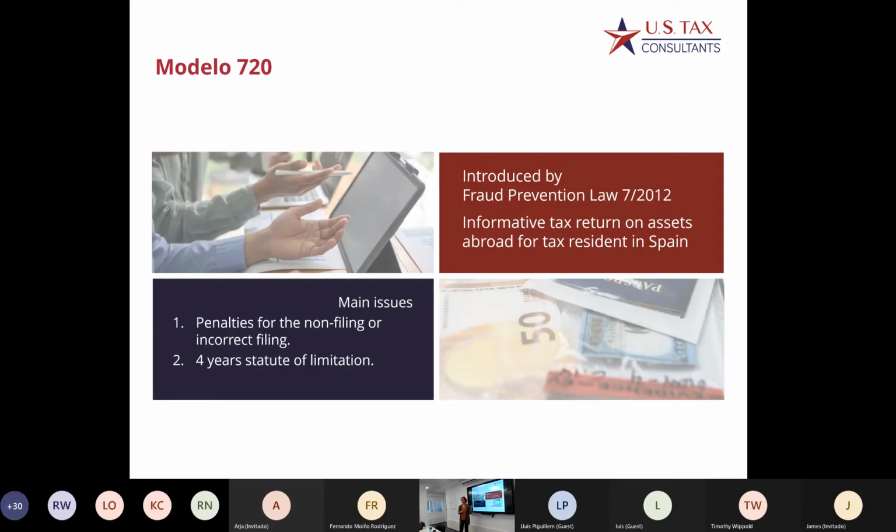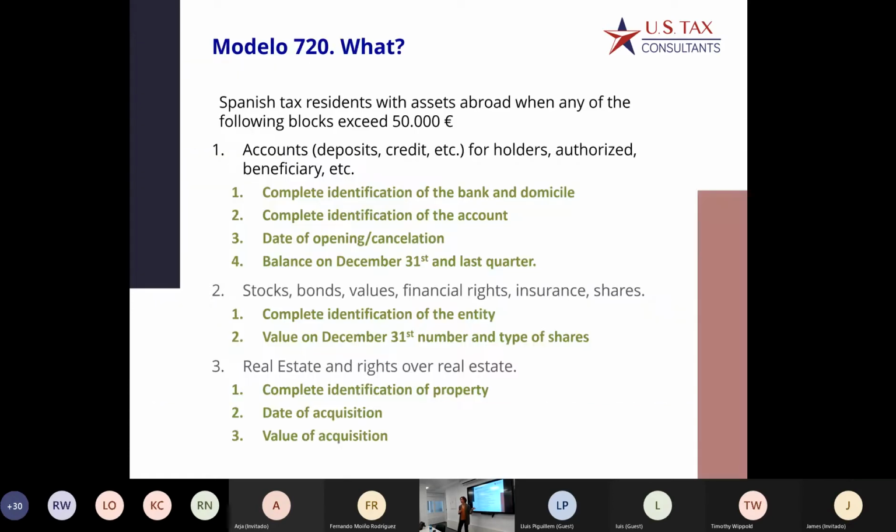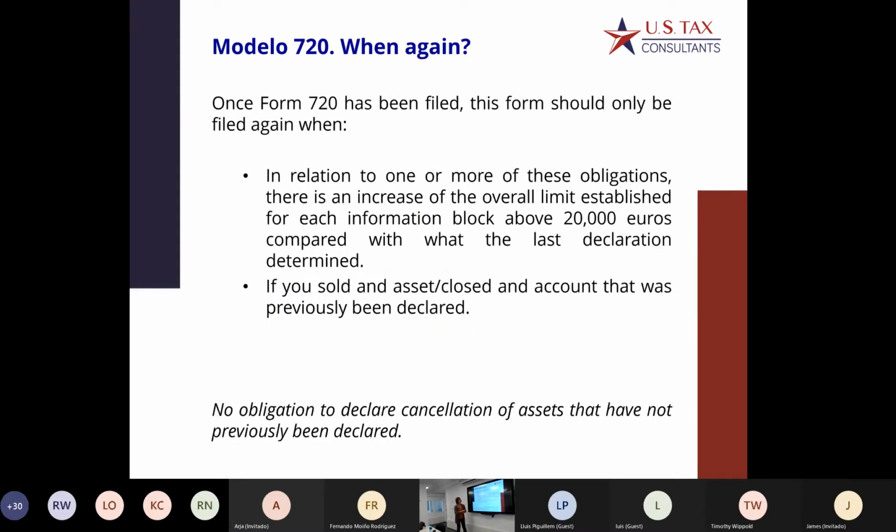The deadline expired last March 31st. So if any of you was obliged, you would have had to file it already. Unless you have any question about this, we're going to skip it also.